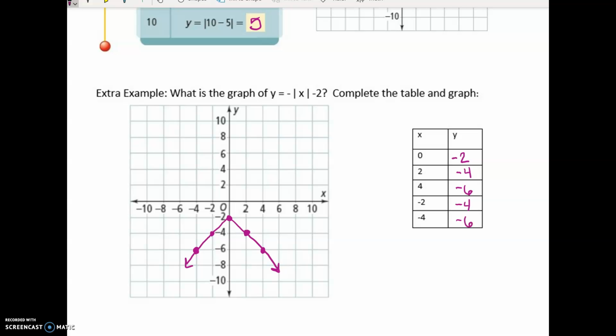So you're moving down 2 units from your parent function, but now you want to make sure it's opening down. You could use a table of values to help with that as well, but you know it's going to be translating down, and because of the negative, you know it's going to be opening down. So you can kind of just sketch that out from there. You don't always need that table of values.